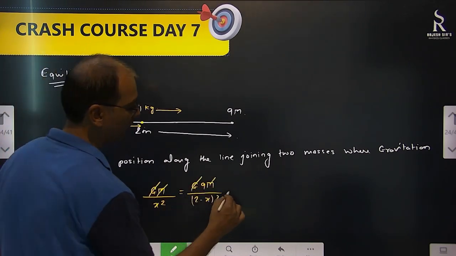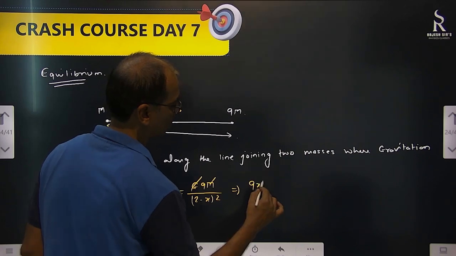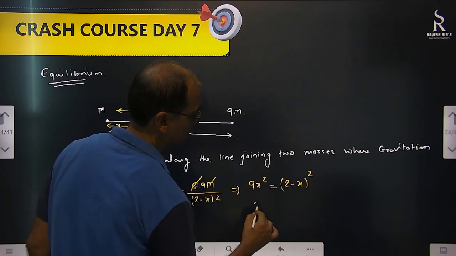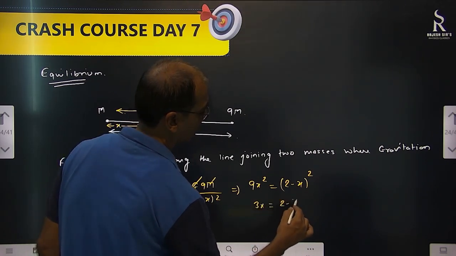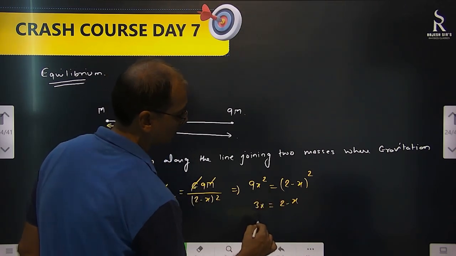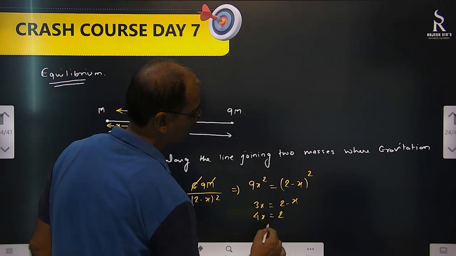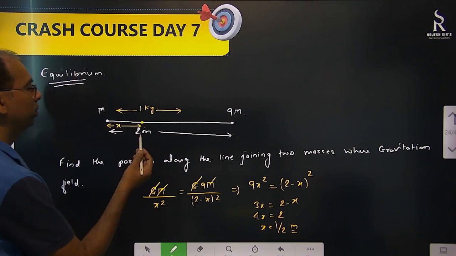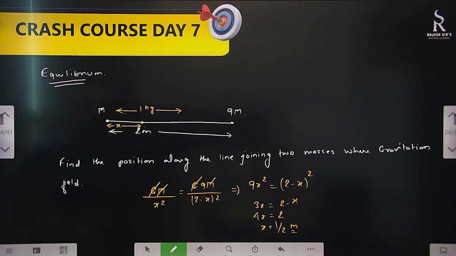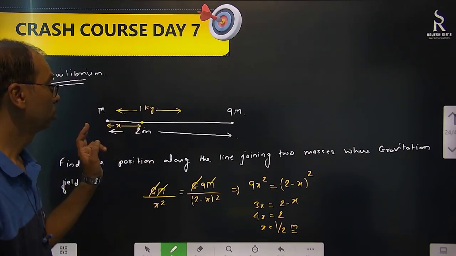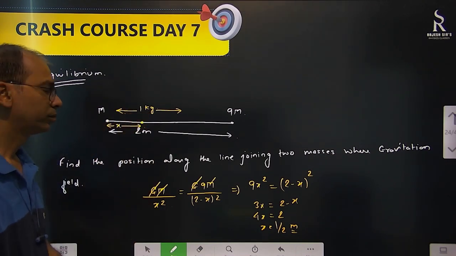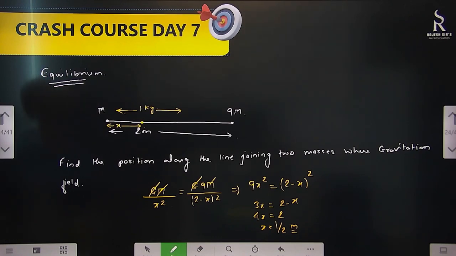What we have is 9x square equal to (2 minus x) whole square. Take the square root of this. This is 3x equal to 2 minus x. Bring this one here, that is 4x equal to 2. So x comes out to be 1 by 2. So at 1 by 2 meter, you will have zero gravitation field or no force on any mass. Okay. These kinds of questions are common. So this can be asked from you.